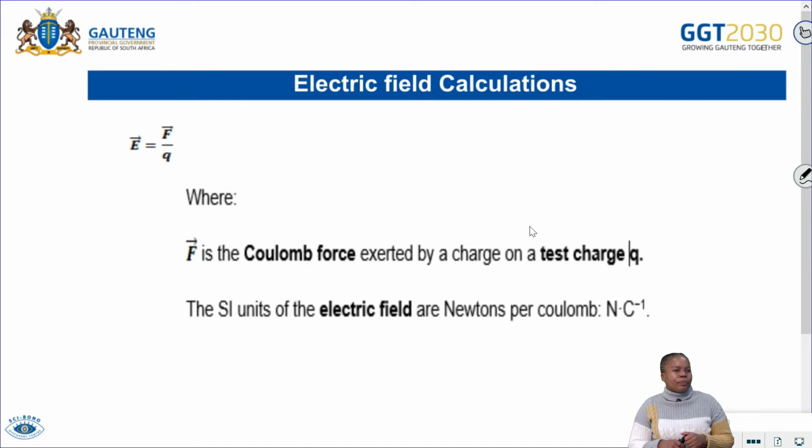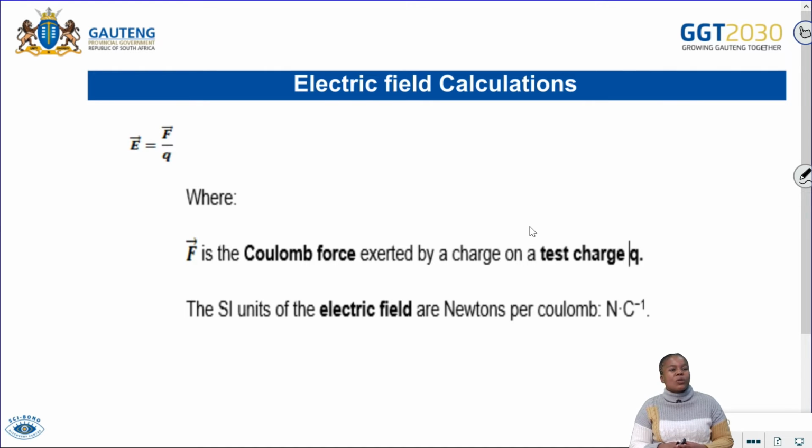Now, how can we calculate the electric field? We'll use the formula E equals F over Q, and we need to know what that stands for. E is the electric field, F is the force that exists between them, and Q is the charge that there is.